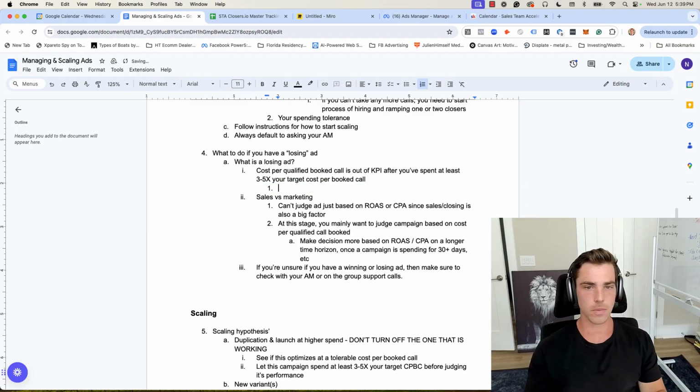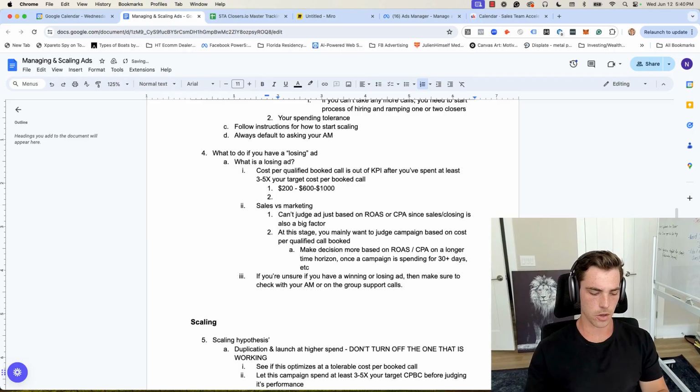So for example, if your target cost per booked call is $200, just as an example, and you've spent at least $600 to $1,000, and your cost per call is $350 or $400, for example, that's the first sign that you have a losing ad.